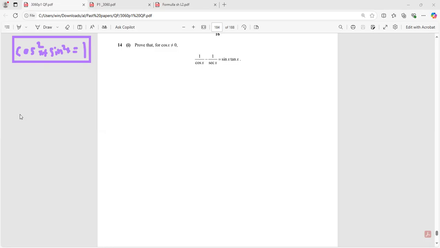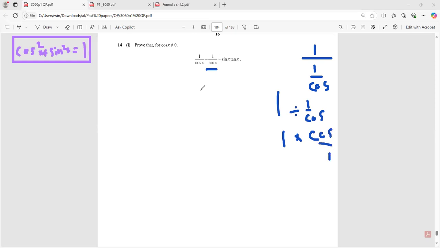For this expression, let's take this part, 1 over secant, that is 1 over cosine, which we can expand like 1 divided by 1 over cosine, equal to 1 multiplied by cosine over 1. So actually we can change it to 1 over cosine x minus cosine.